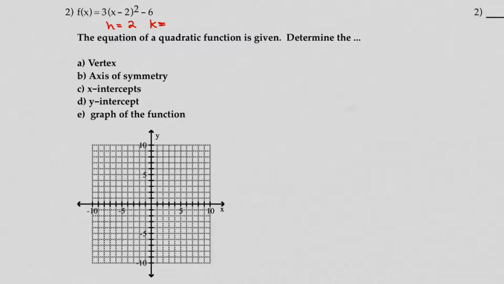So h would be 2 and k would be negative 6. And so A, the vertex, h and k, is going to be 2, negative 6. And the axis of symmetry is going to be the x-coordinate of that.